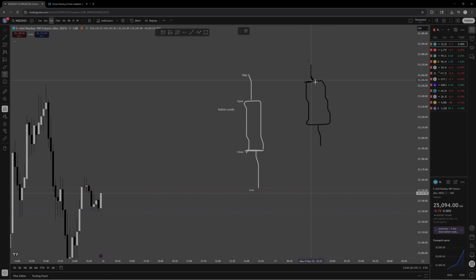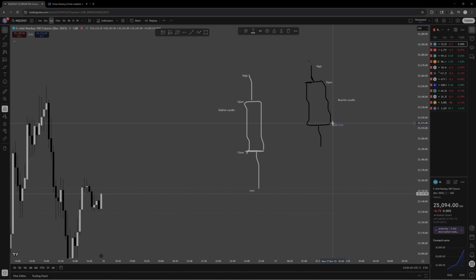Now for this bearish candle, we have our high, we have our open. Okay, I messed this up already, geez. Let me fix that. We have our close, and we have our low. Right, these are flipped.